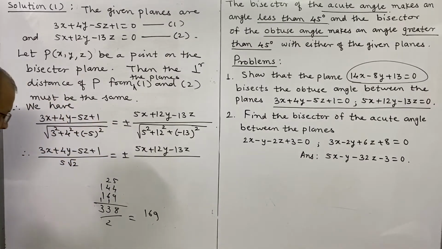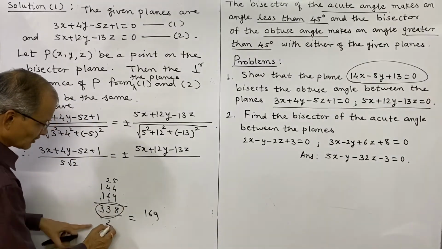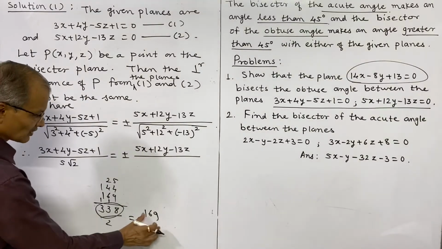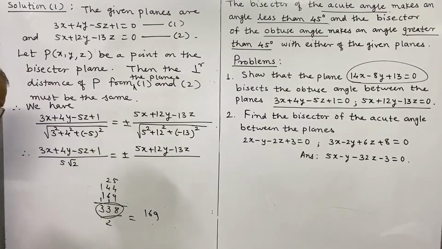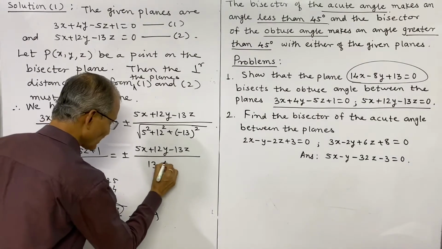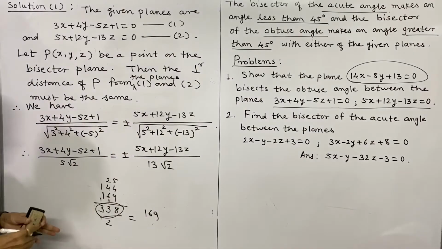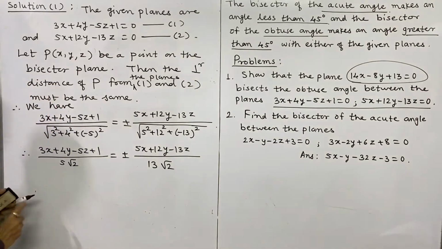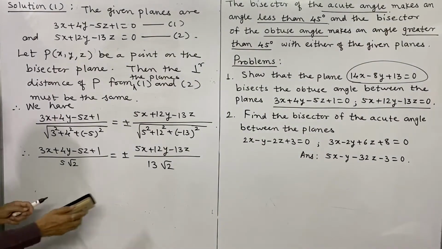So 2 into 169, actually this is the number obtained. Why have we written this? Because the root of 169 is again 13. So therefore this is 13 root 2. You may check this.